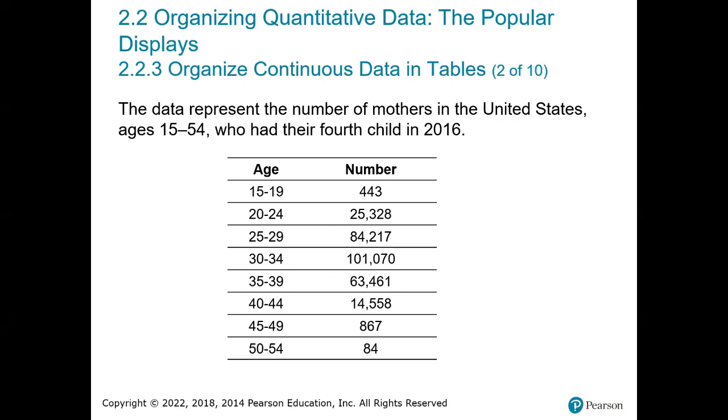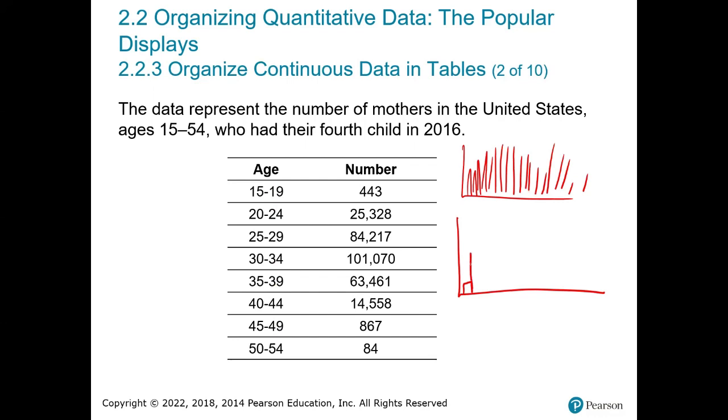So instead they group them in groups of 5. So 15, 16, 17, 18, 19, that's a group of 5. 20, 21, 22, 23, 24, the next group of 5. They're lumping 5 ages together and graphing them together instead of individually. So rather than having 39 individual bars all over the place, what they've done is lump them into 1, 2, 3, 4, 5, 6, 7, 8 groups.